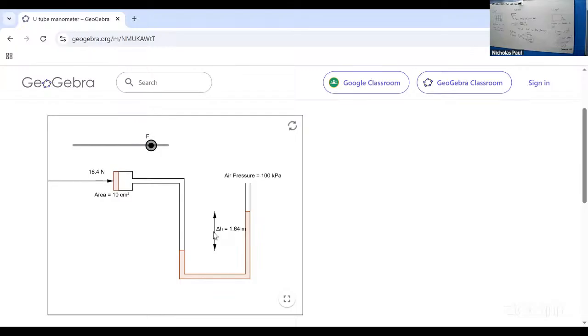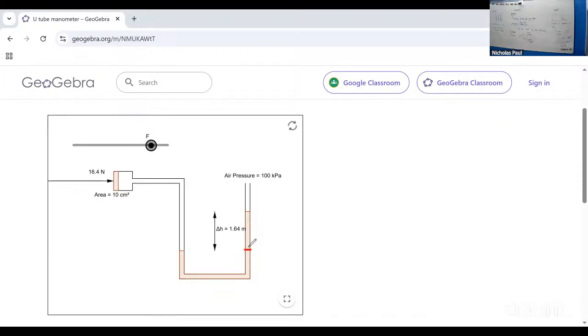But here's the exciting thing. That change in depth allows us to find the pressure exerted by the gas. Tell me if this makes sense. We said that if this and this are at the same level, the pressure is equal.